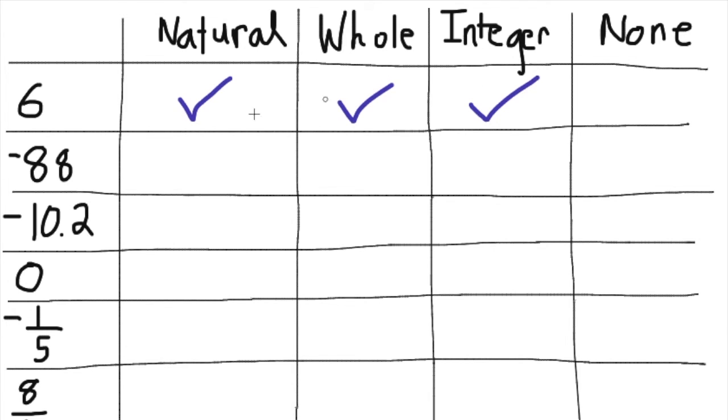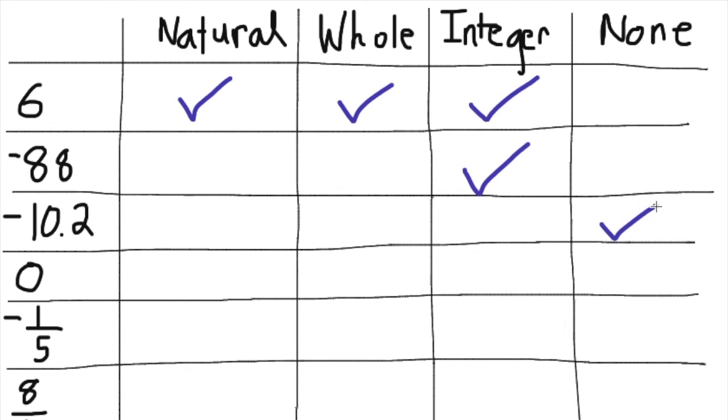The next one, negative 88, is not a natural number or a whole number because negative 88 is a negative number. However, negative 88 is an integer. Negative 10.2 is not a natural, whole, or integer because it is a decimal.